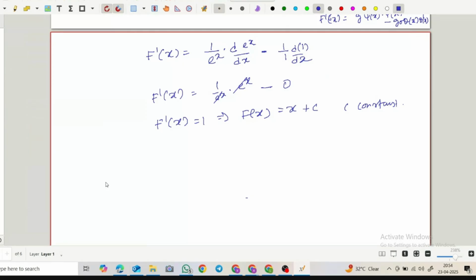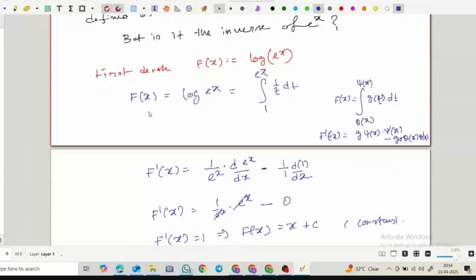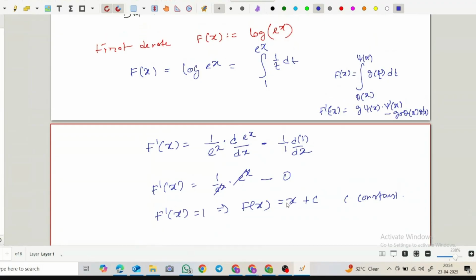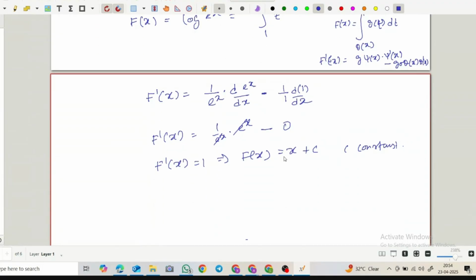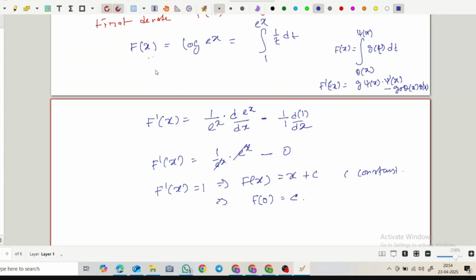But what was our f(x) plus c, by the way? So f(x) is x plus c, right? So that means if 0 is c, what will be f(0)? You put it here.